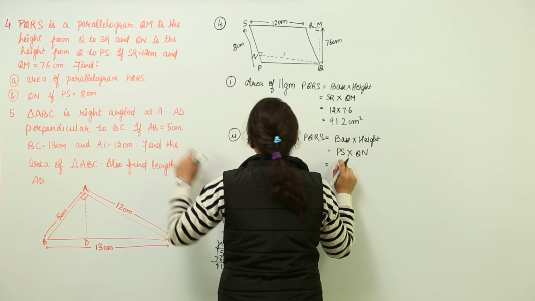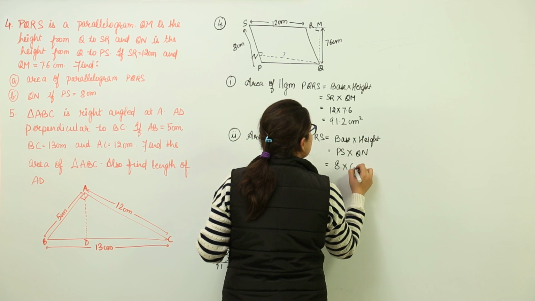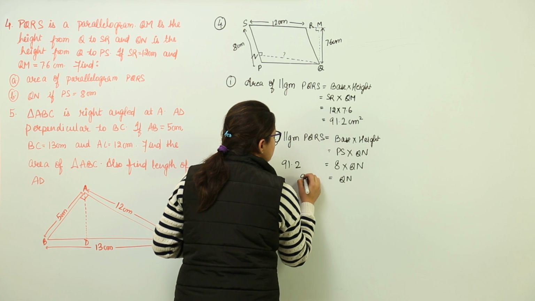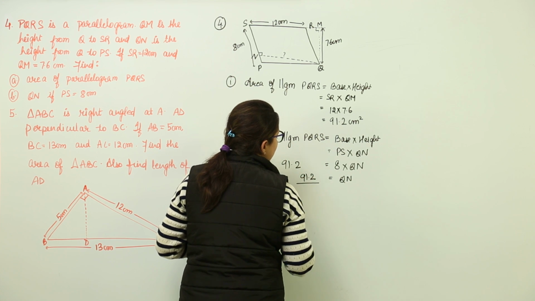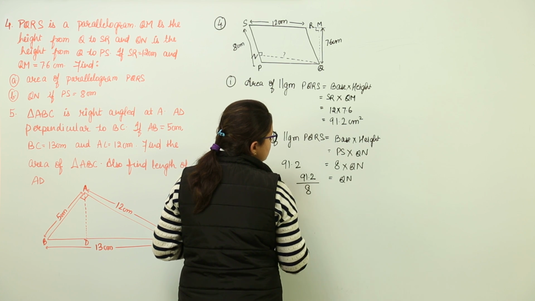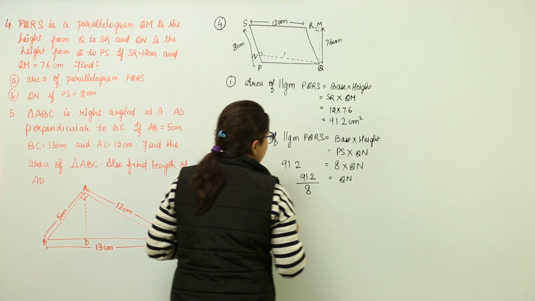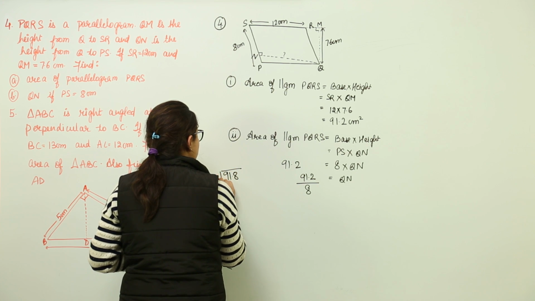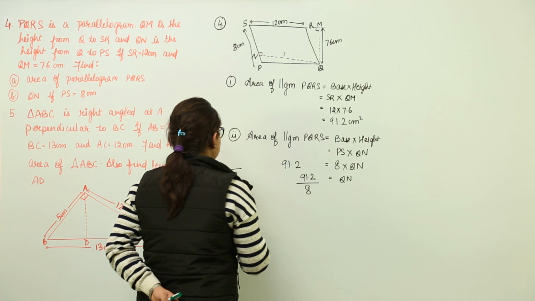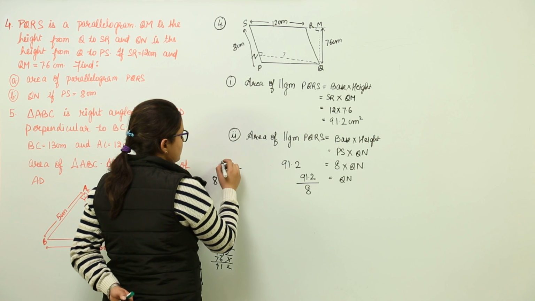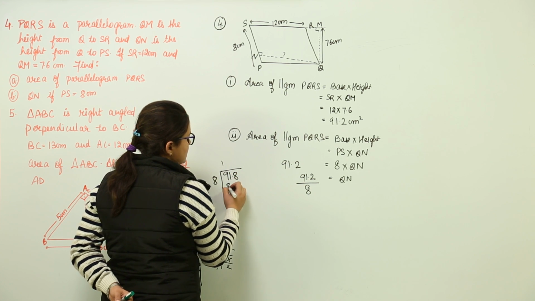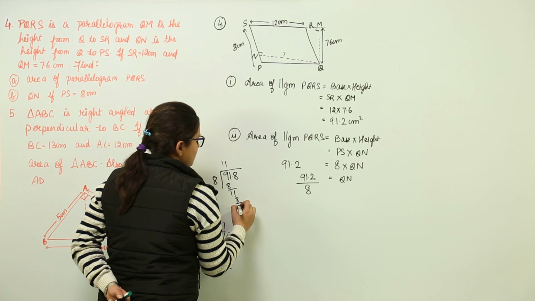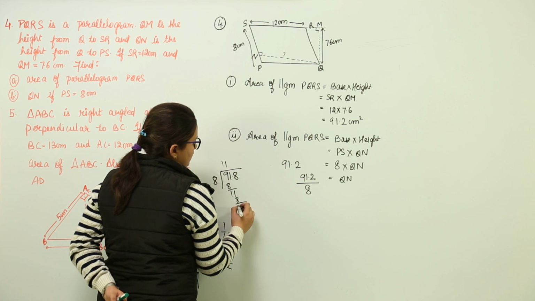PS has been given to us as 8 centimeters and we have to find out QN. So QN is going to be equal to 91.2 over 8. On solving this, let us divide 91.2 by 8. We'll get 8 7s as 56, 8 9s as 72. We can do it from the one digit only. So 8 1s as 8, 11. Now you get 8 1s as 8 again. You are left with 2 and 1, 3.